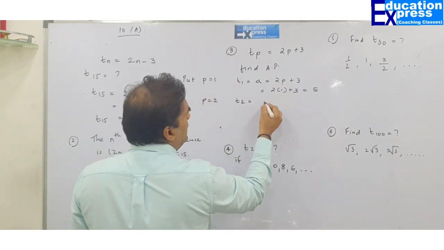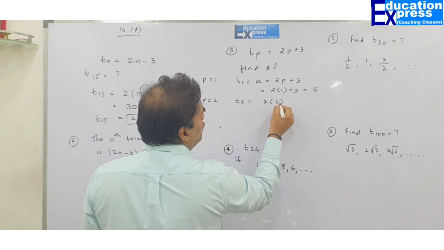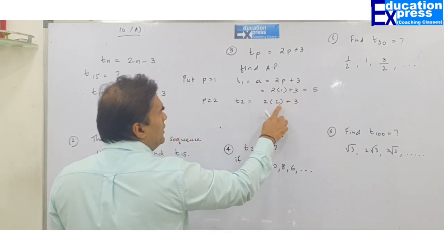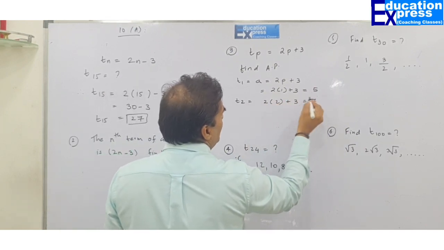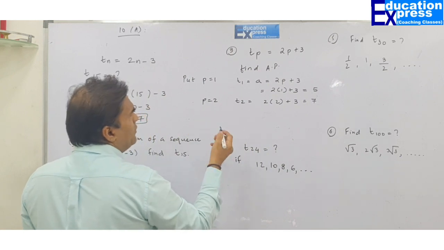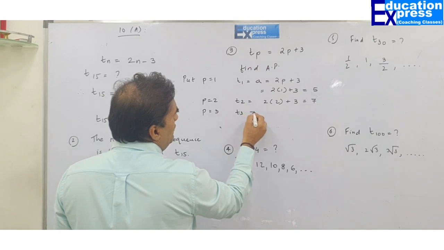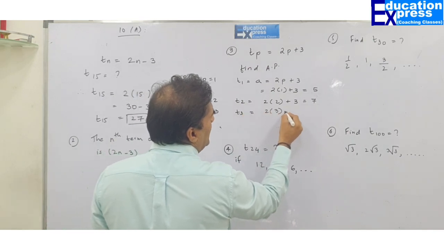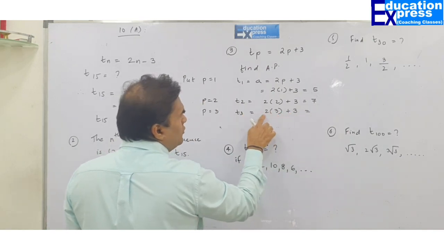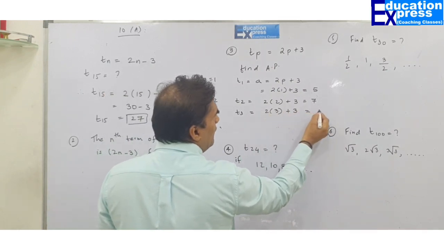So when I put p as 2, 2 into 2 plus 3, 2 2s are 4, 4 plus 3, 7. In case you want to find out the third term, put p as 3. So third term is going to be 2 into 3 plus 3. 3 2s are 6. 6 plus 3, 9.